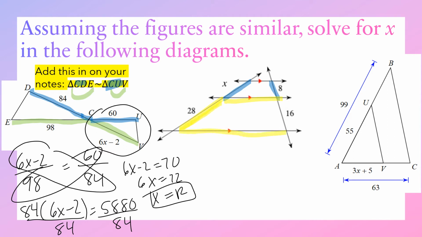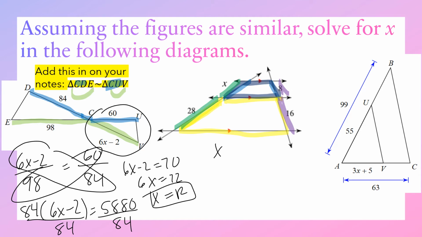This is one whole figure, and then this is another whole figure. So this side here is corresponding to this side, and then this side here is corresponding to this side. So you would just set it up as a normal proportion.